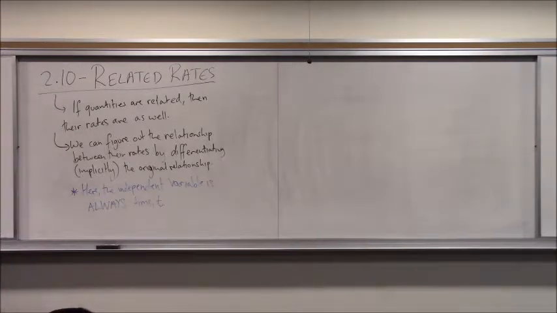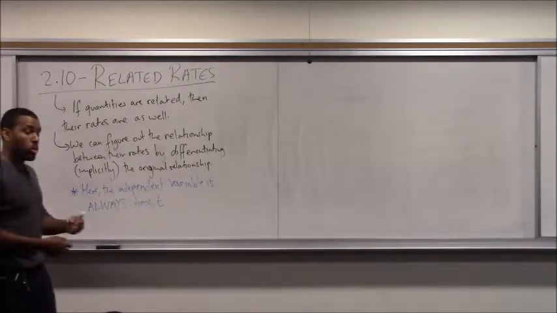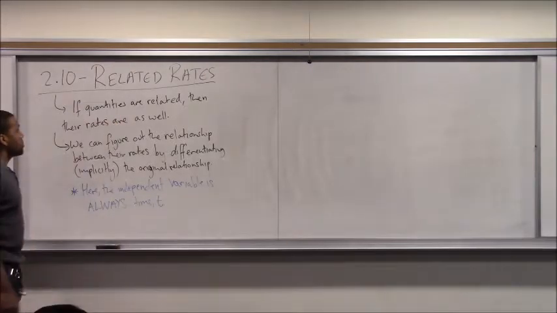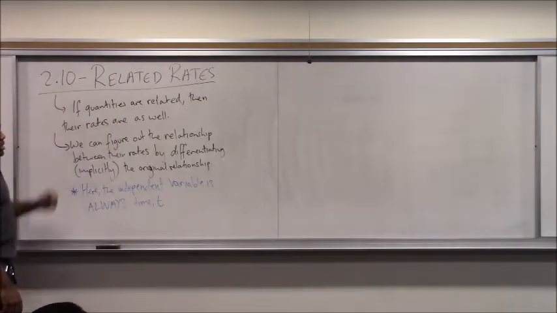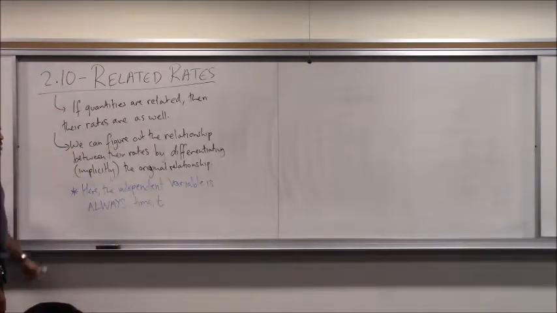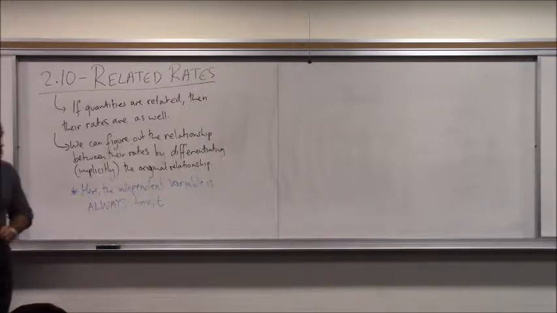So this is a bona fide rate. We're figuring out how fast something's moving over time. Okay? So we have things that are related, and in general we're going to want to know about some rate relationship. And like I said, it's going to be a word problem.